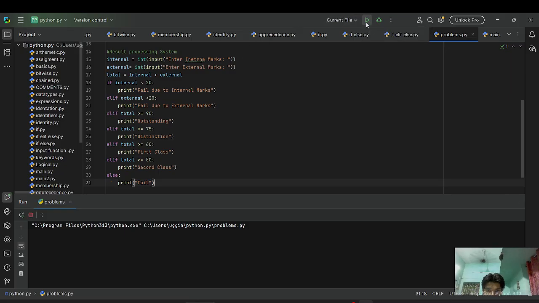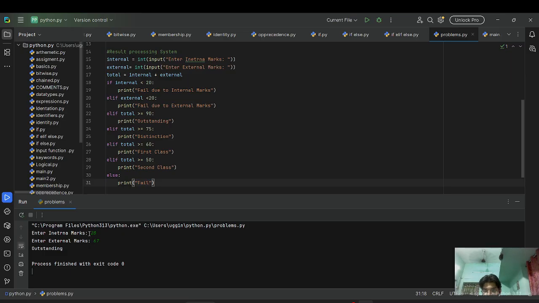Let's run this. So if I enter 28 and external marks of 67, it prints. Now the total after entering this becomes 67 plus 28, equal to 95. So now Python starts checking the conditions.